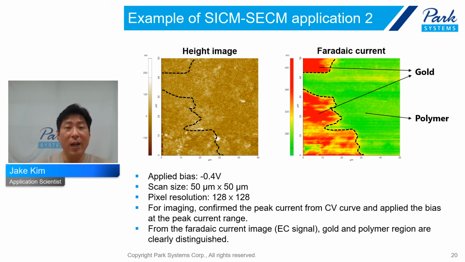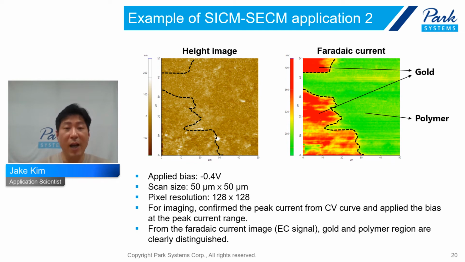From the CV data, a steady state current was reached at minus 0.5 volt, and thus the bias applied to the gold electrode is around minus 0.4 or minus 0.5 volt. At that point, it should show dominant contrast of the EC response on the gold and polymer surface, like these light figures.